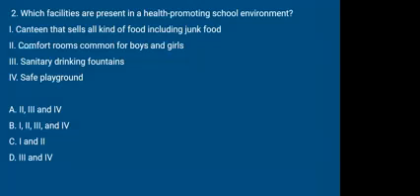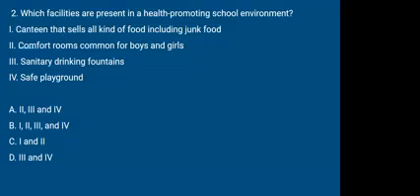Okay, so for number 2 question, which facilities are present in a health promoting school environment? Again, which facilities are present in a health promoting school environment? I would like to highlight this one. Number 1, canteen that sells all kind of food, including junk food.